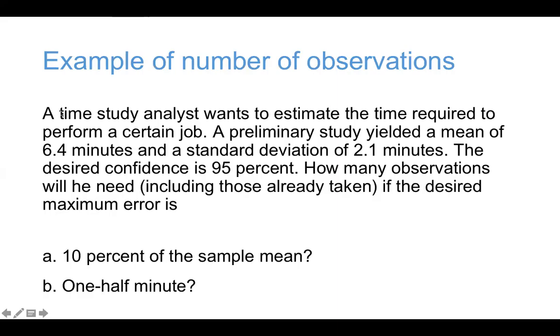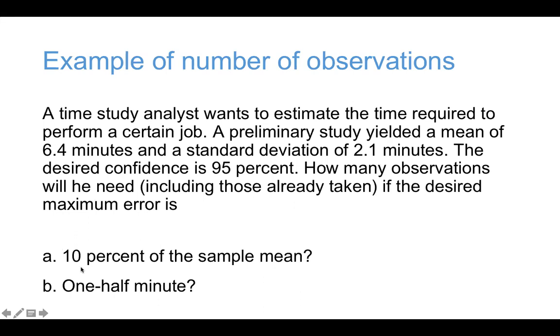So can you calculate the number of samples you have to take for this? You have chosen a job and you have taken a few samples, and the average of the samples you have taken is 6.4, and the standard deviation is 2.1.